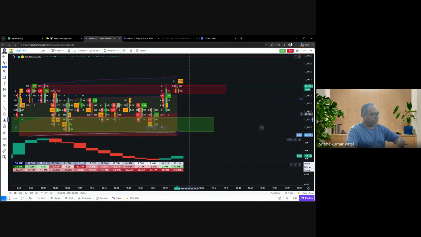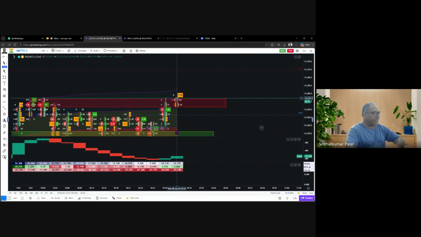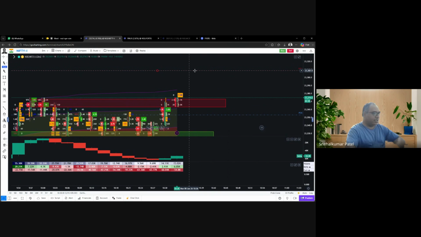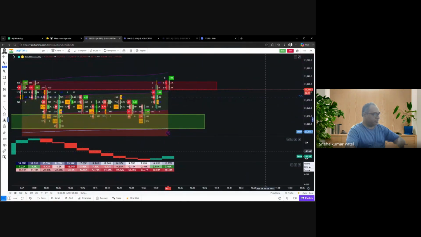Okay, we can see imbalance on the buy side here. It is possible that the price directly moves up from this level, but it's better to not take that trade and avoid it. The imbalance is gone again. Selling came again here, trying to reject from the same area.